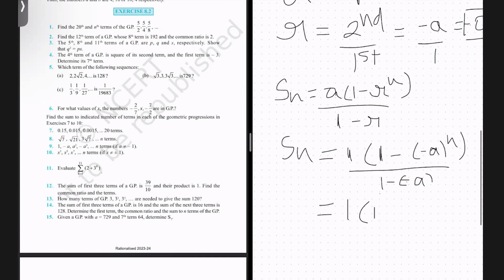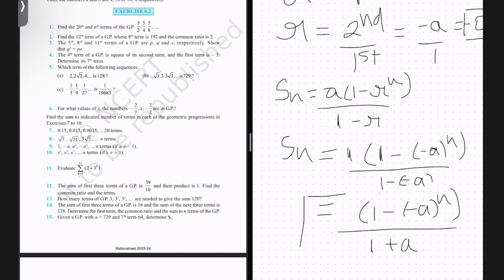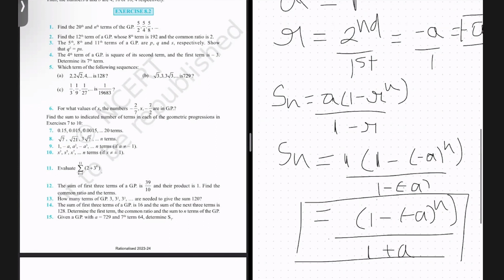Then what you have is 1 minus a raised to the power n, and you can omit this one because that is not going to change your answer. And in the denominator you have 1 plus a. That is going to be your Sn. Correct. Very easy, very simple for us to understand. And yeah, that was all.